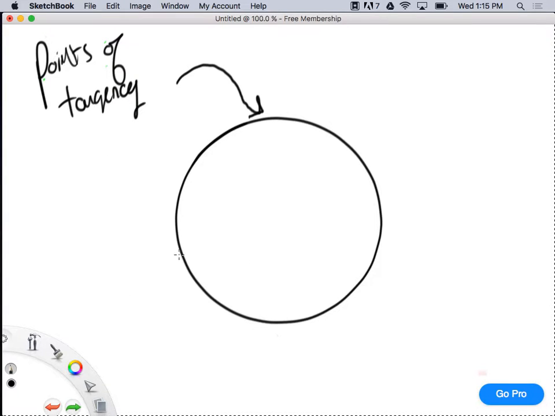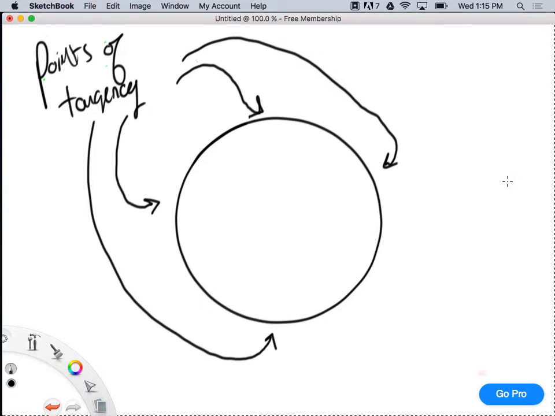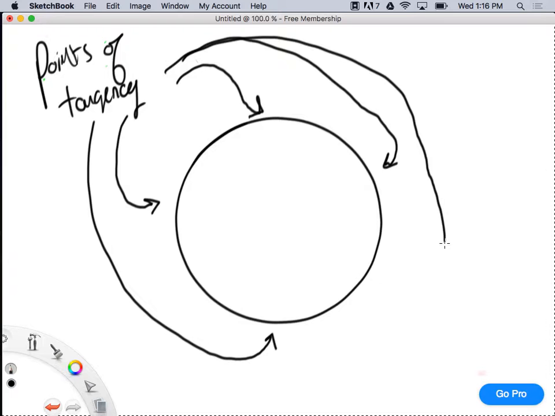Oh, that didn't work out. Circles and lines. That's a point of tangency. And that's a point of tangency. It's like a hexagon kind of thing. You see? Oh, and there's one more. And that's a point of tangency.